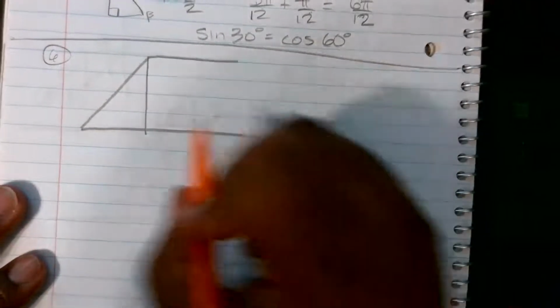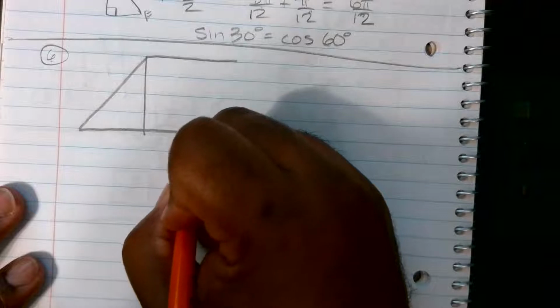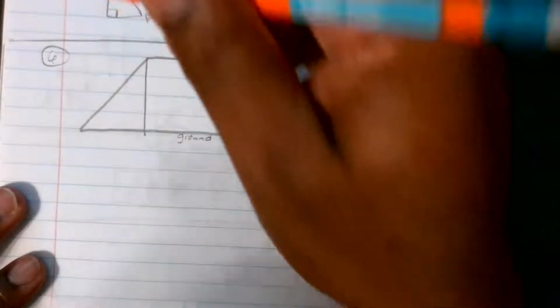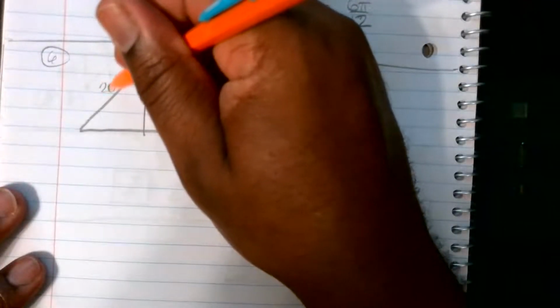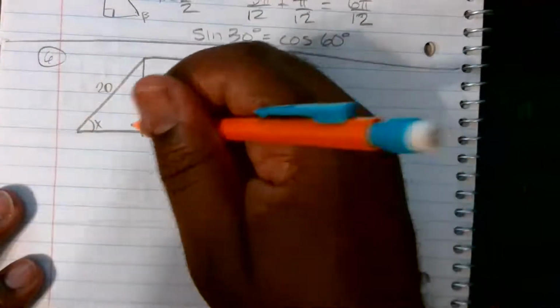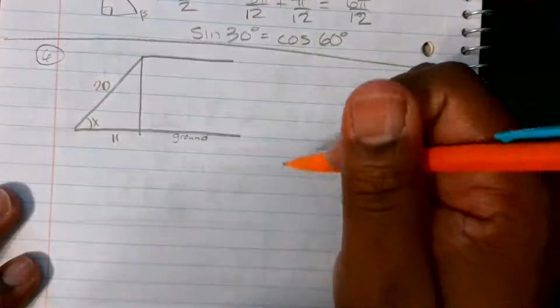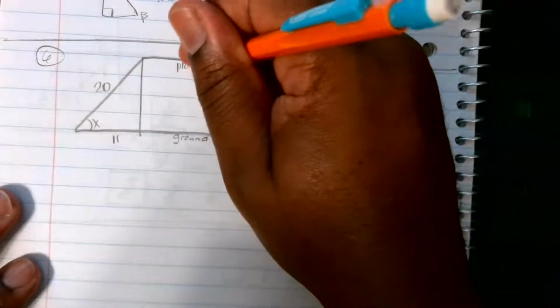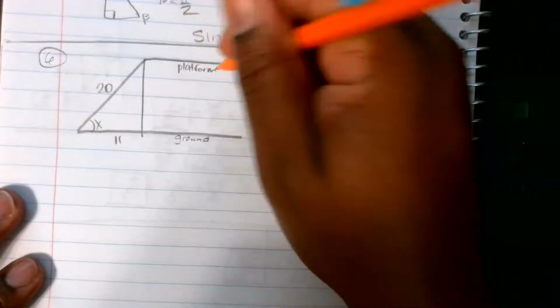This is the ground. This is 20. This is X. This is 11. Platform. It's a pretty good drawing.